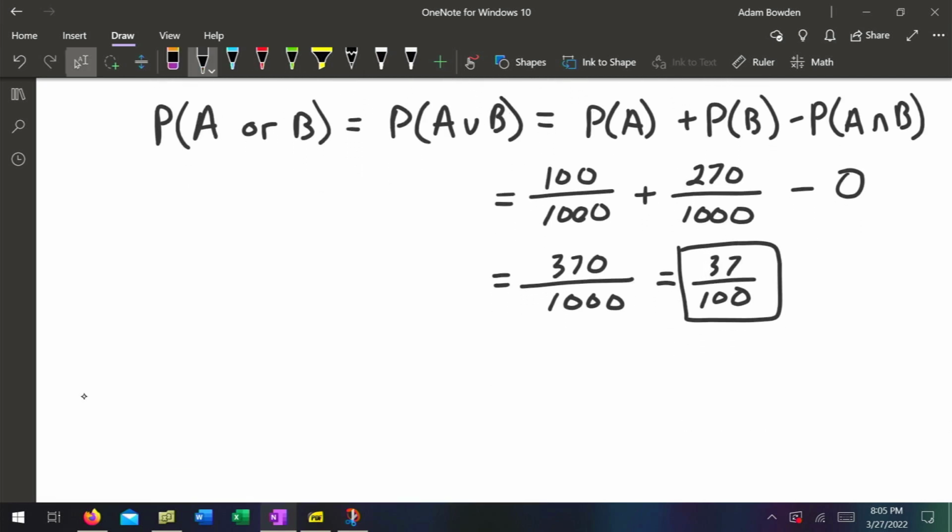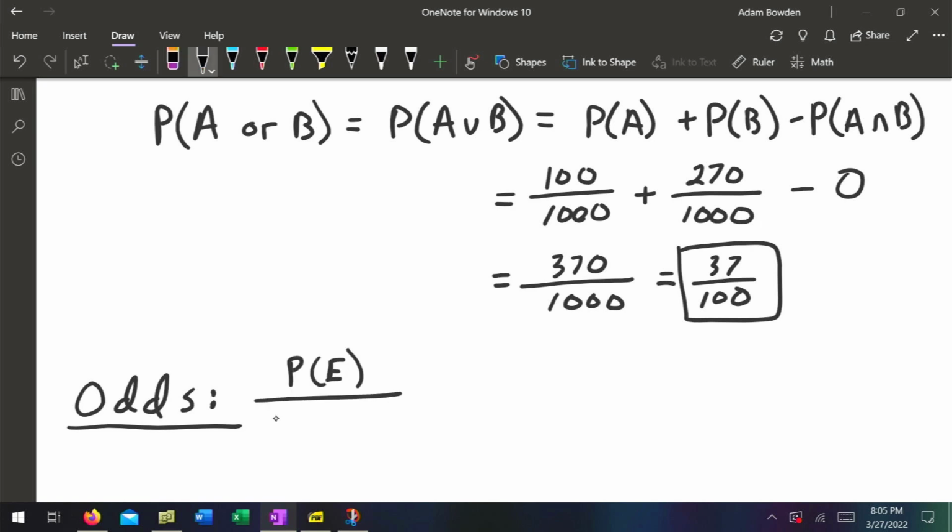It also, though, asks us not just for the probability, but for the odds of this happening. To do the odds for an event like this one, we take the probability of the event happening divided by 1 minus the probability of the event, rolling a sum which is less than 5 or greater than 8.